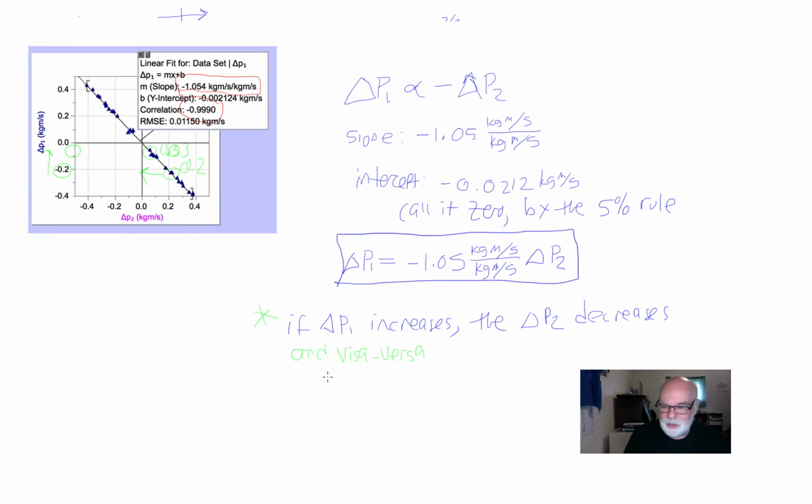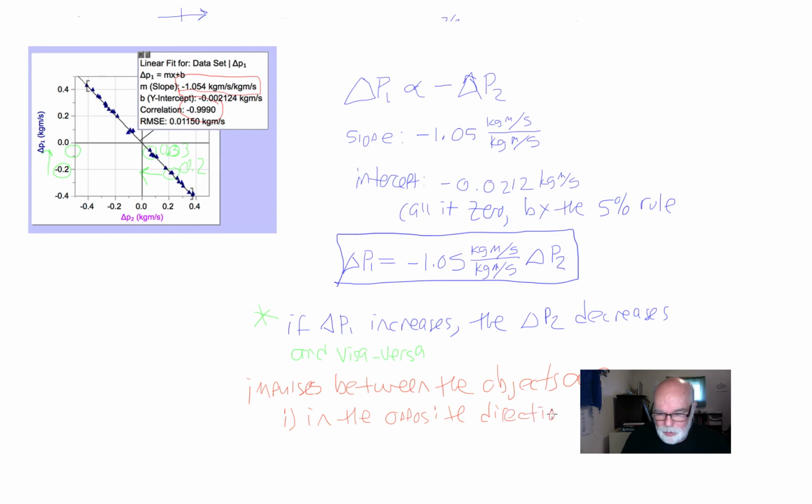Well, it kind of tells us that the impulses between the two objects are, first of all, in the opposite direction.